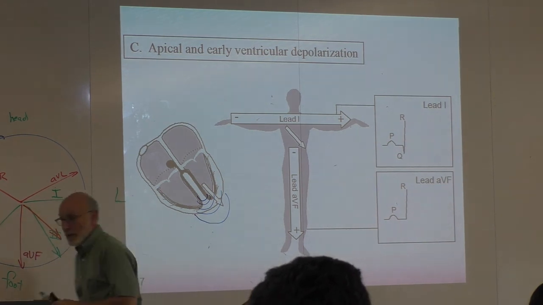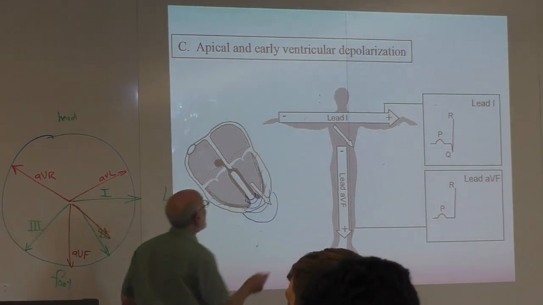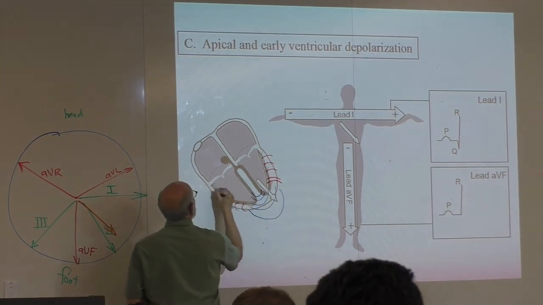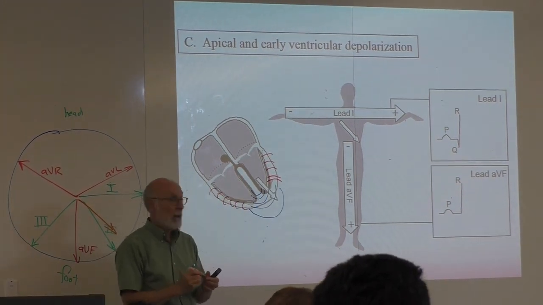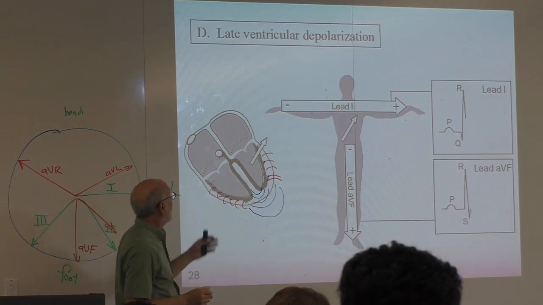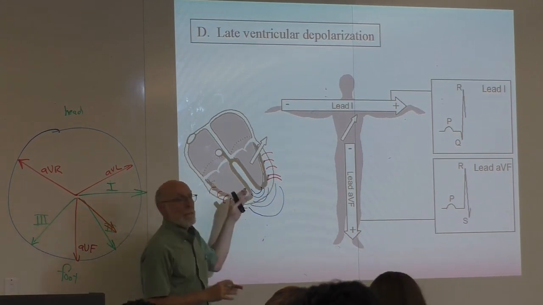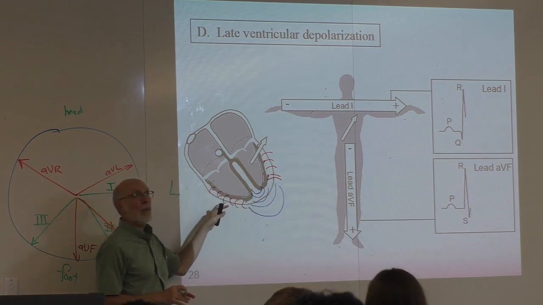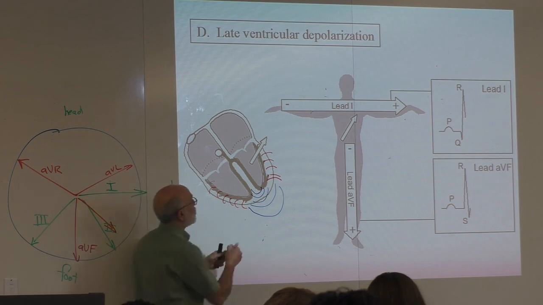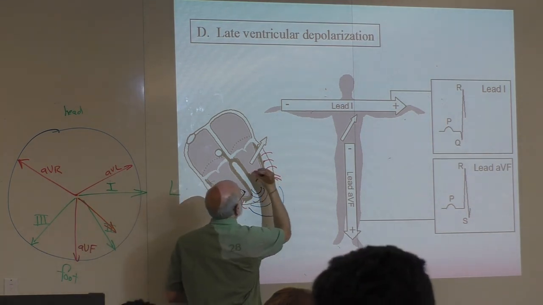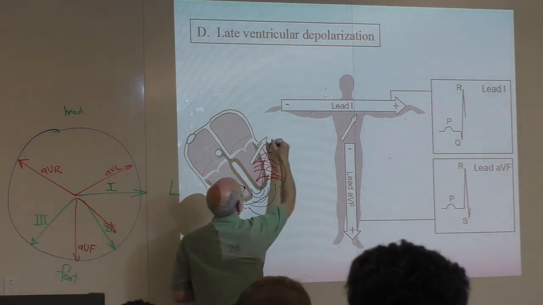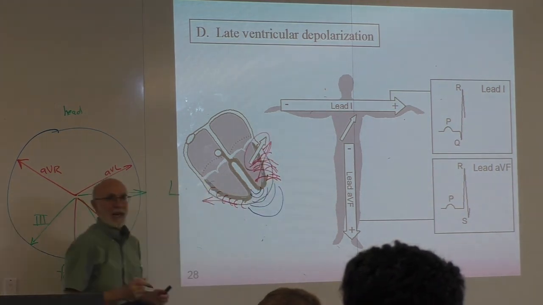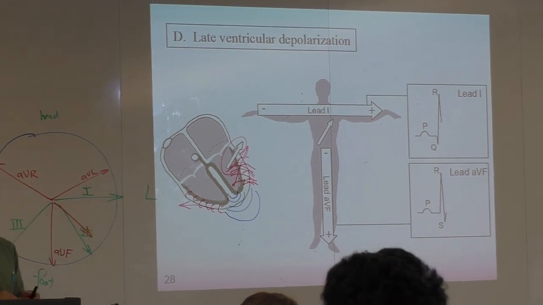Now the next step, almost done, is going to spread into the free wall. Because the left wall is more massive than the right wall, this spread is bigger than this spread, and we see a vector that looks like that.